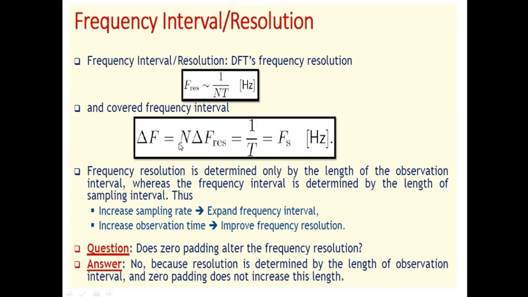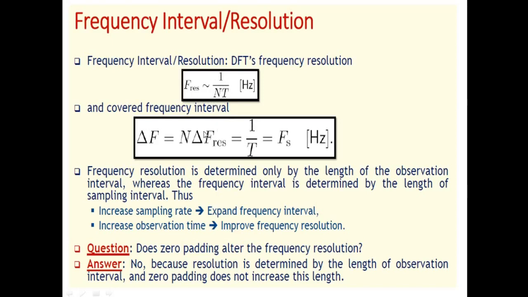We can write it as N into delta f resolution, or as 1 by T. This is nothing but the sampling frequency. The frequency resolution is determined only by the length of the observation interval. By making use of this observation interval alone, we can find the frequency resolution.